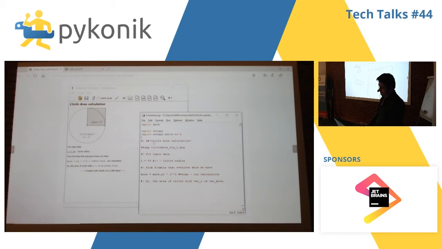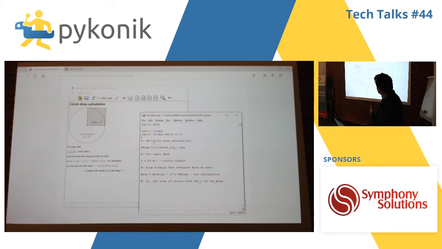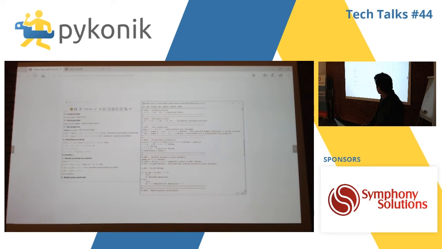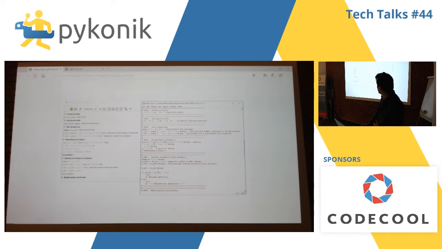And this is how it looks like. On the left side we have the report in the program, and on the right side this is the script that creates the report. One example, second example, and a more complicated one for structural engineering calculation.